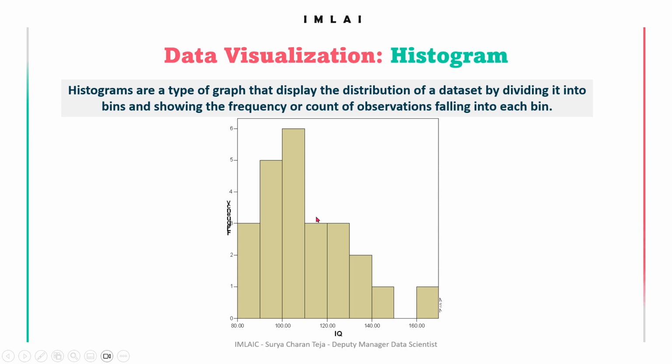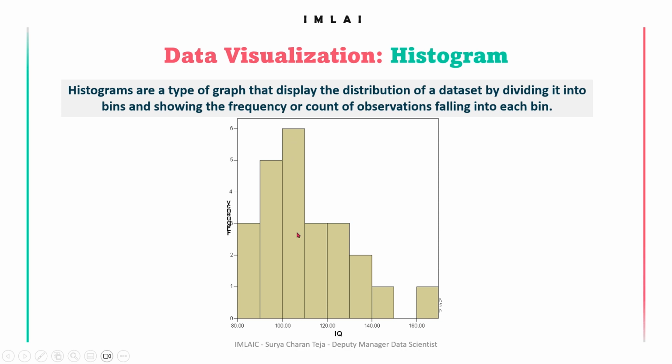If you look at the bars, it's literally visualizing or conveying the shape, center, and spread of the whole data set. The center is here, which is 100 to 110.